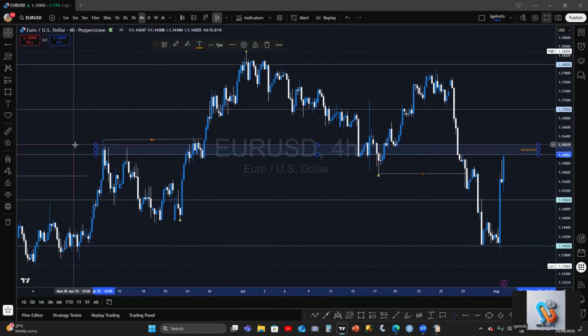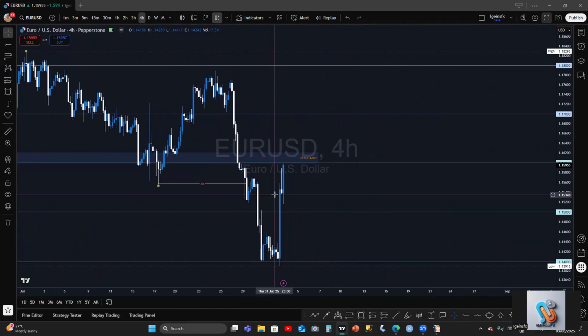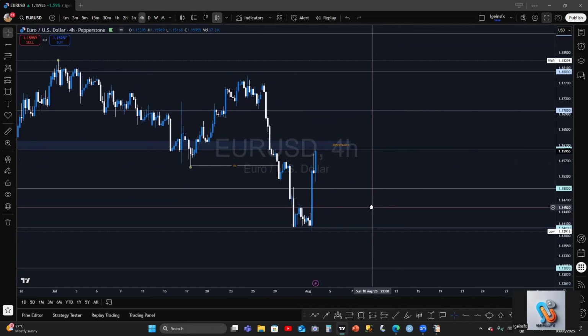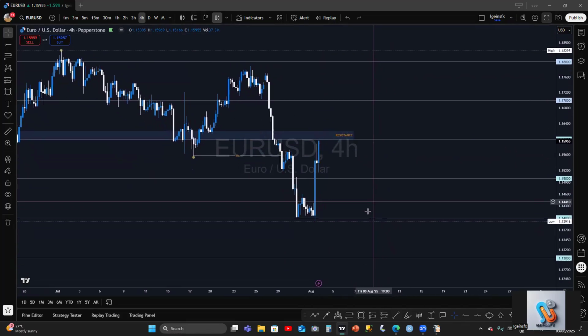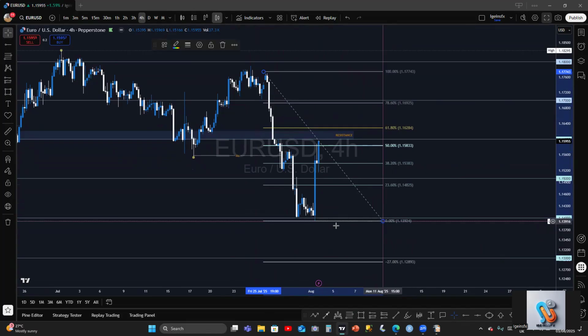It was support here, now a resistance here. So let's see if it manages to break above this level, and then we need to apply our Fibonacci retracements tool, all right?